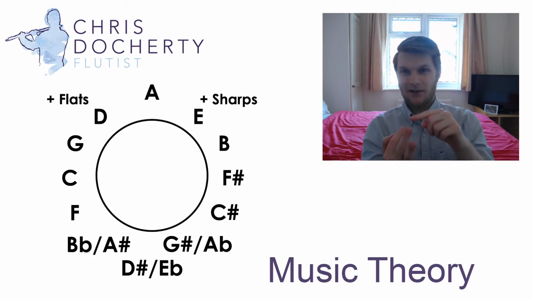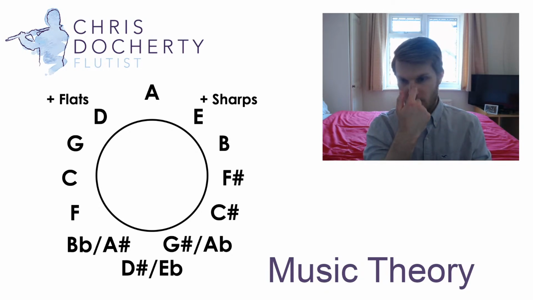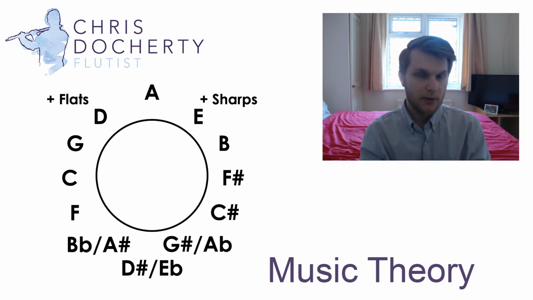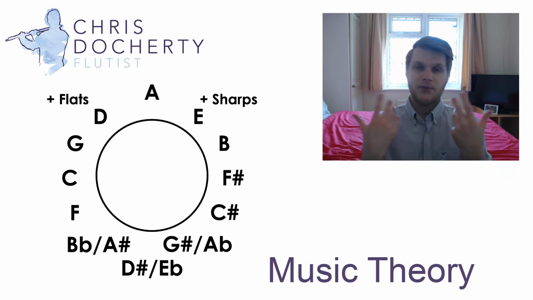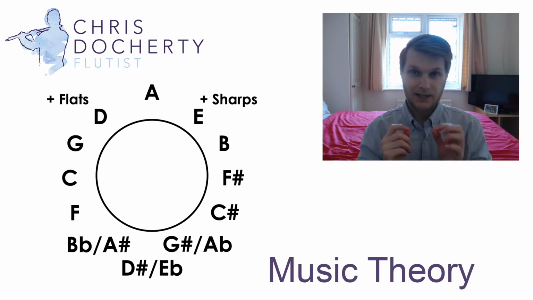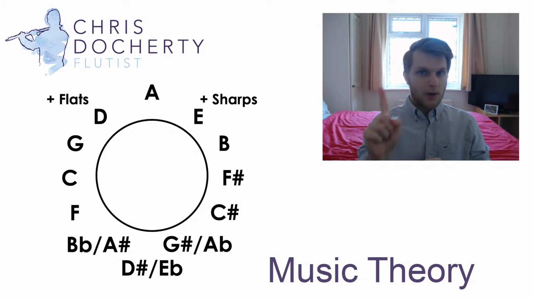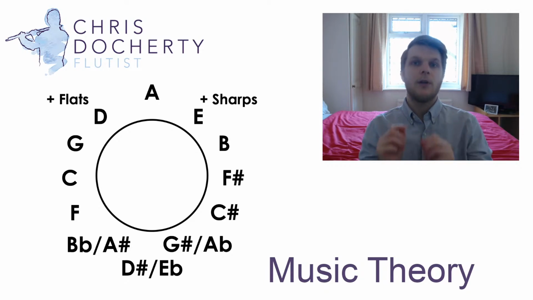D, E, F, G, A, B, C, or obviously if you go back 1 from D, you get to C. A, B, C, D. There we go. And then we sharpen it because it's a natural. It's neither flat nor sharp. It's on its own. It's just a C. So we add a sharp and it becomes C sharp.